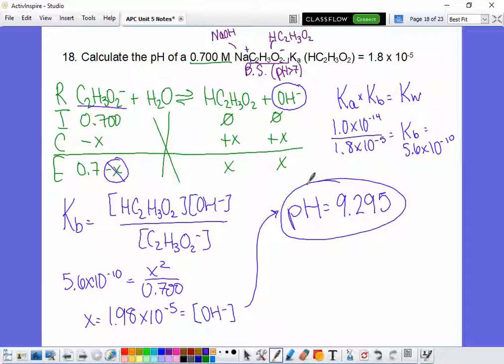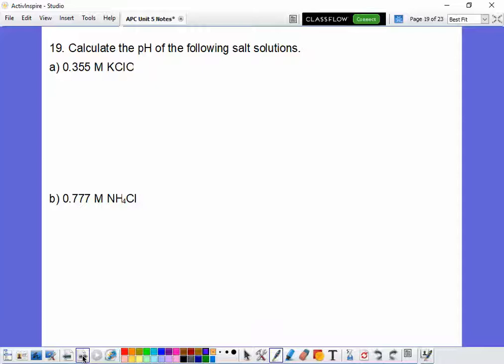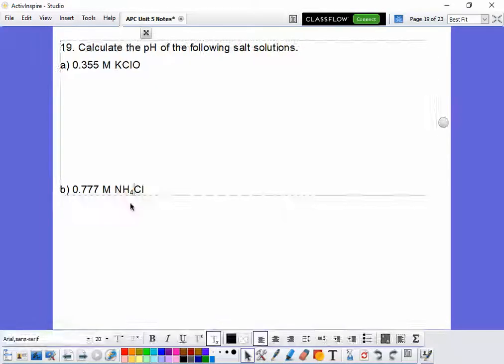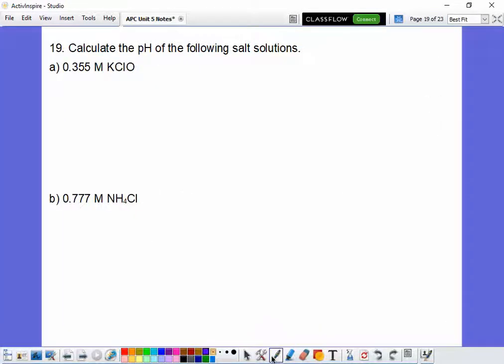When you're doing a problem like this and you aren't given a Ka value, for example number 19a, you're not going to see KClO or ClO minus in any chart. Instead, you'll see HClO.